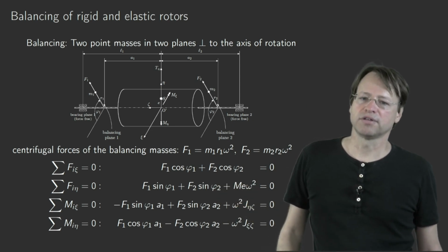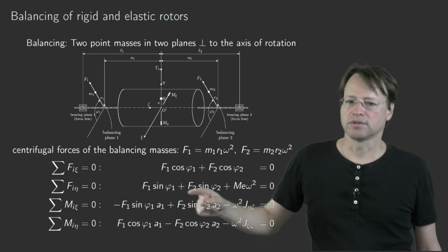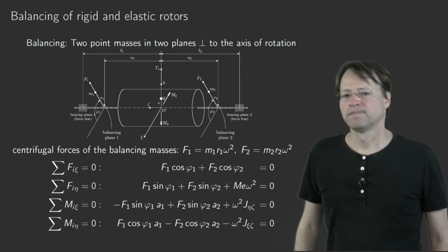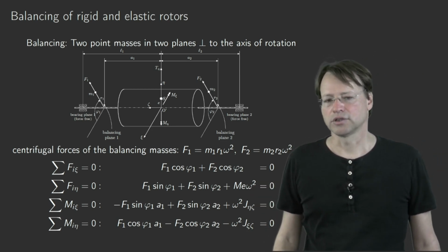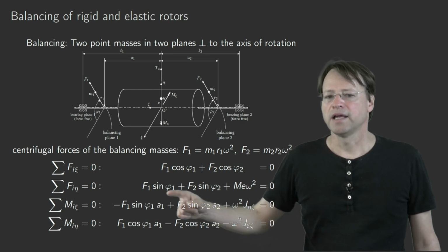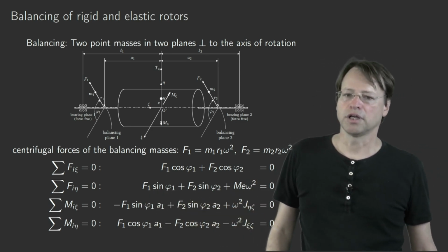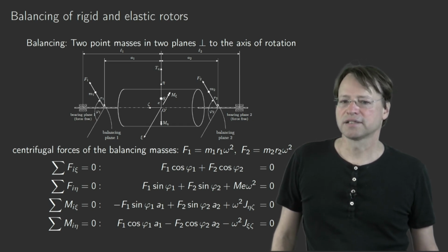That leads to the first equation. We have to project them to the eta axis. That leads to the second equation, and we have to add here m e omega squared, the opposite tangential force, and inertia force.